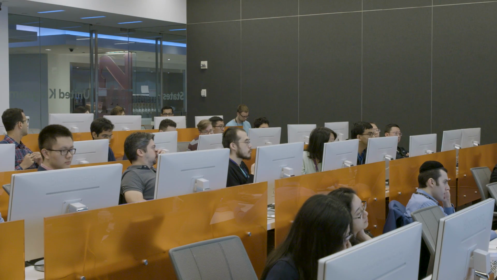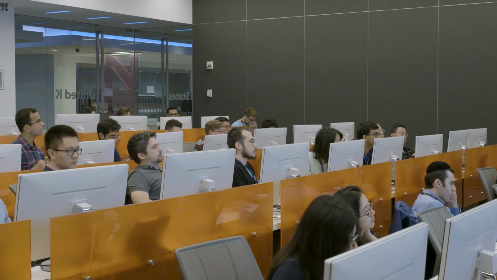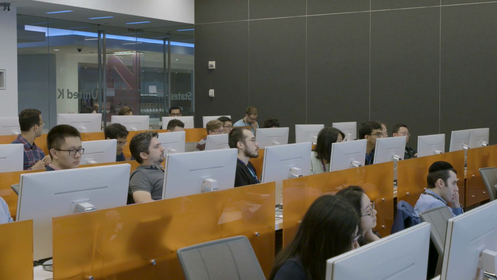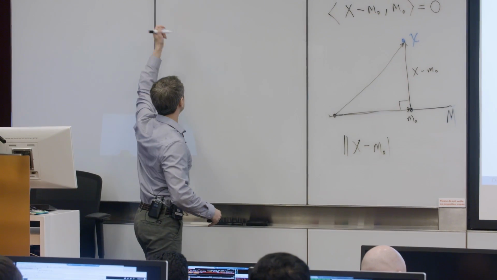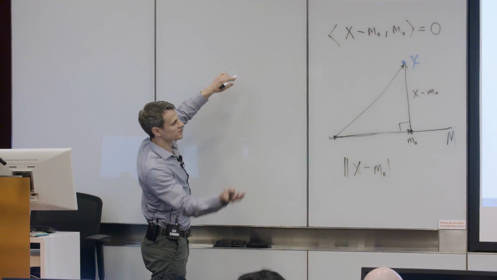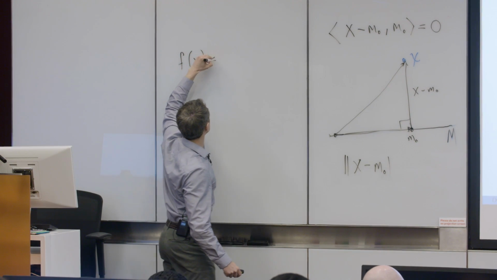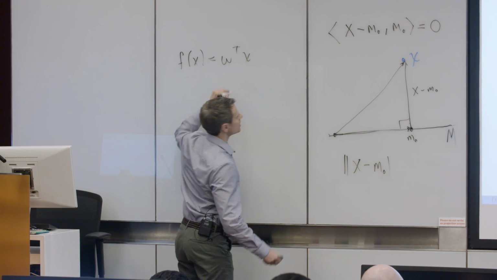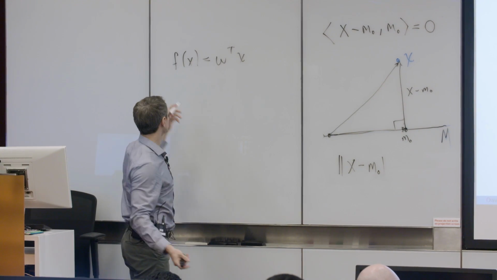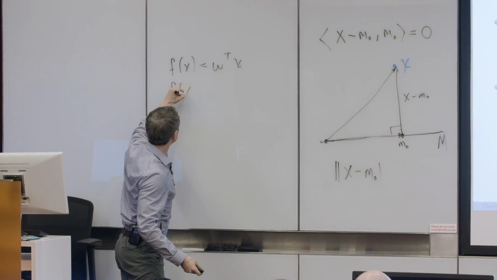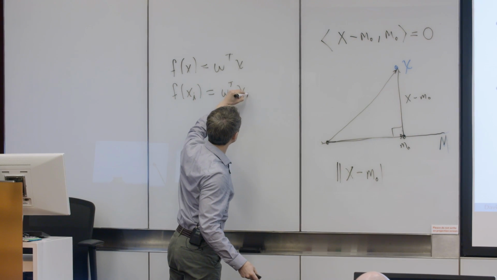In this case, after the transformation, is the output vector also transformed? Okay. So let me write down what you're saying just to get it down. In the simplest version, our prediction f of x is W transpose x. When we apply it to particular training input vectors, that would be f of x_i equals W transpose x_i.